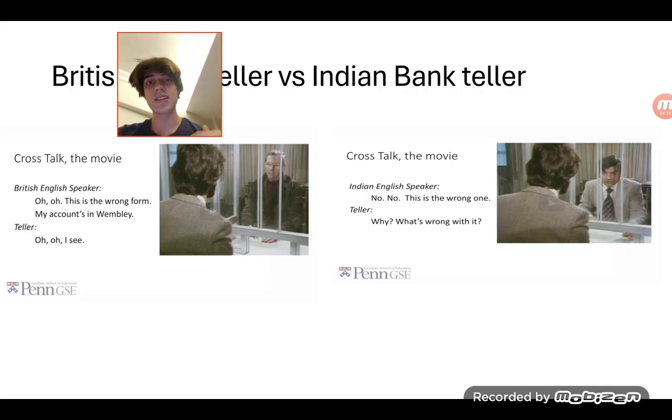But he says it in kind of an angry tone, even though he wasn't angry, that's just his style of speaking. And the teller responds back to him saying, "Why? What's wrong with it?" As you can see, even though the situations are the same, the response completely shifted here just because of the questioner.